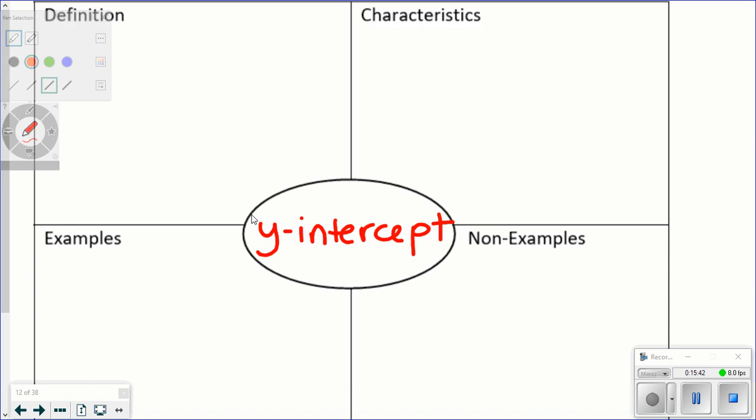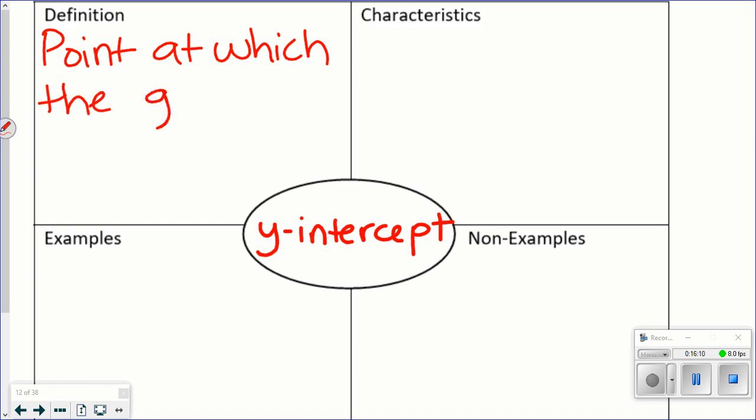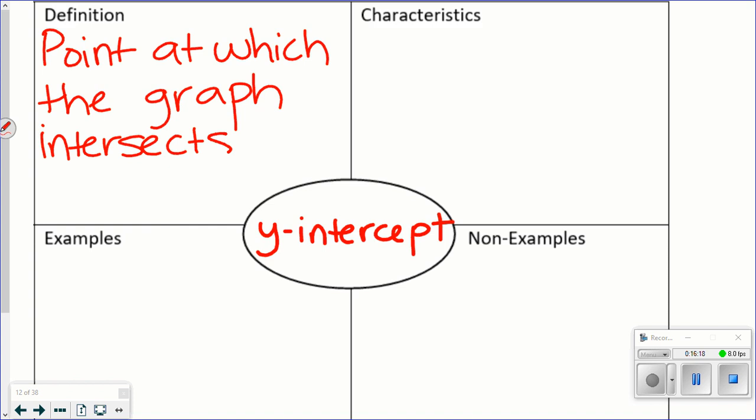So the y-intercept, the point at which the graph intersects the y-axis.